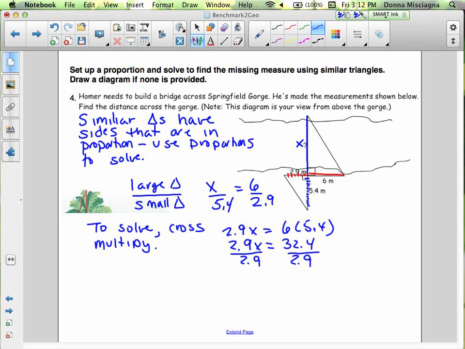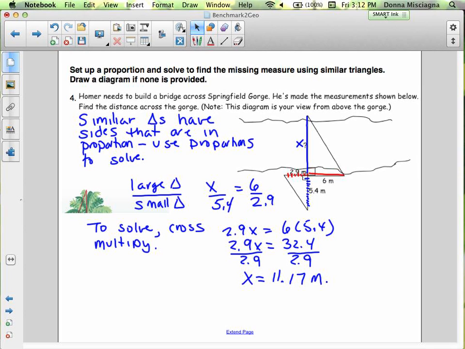We'll round to 11.17 meters. So that one's not a pretty decimal. You'll probably see pretty decimals. And so that's really all we have to do to solve for missing measures using similar triangles, because the sides are in proportion. Let's do one more.